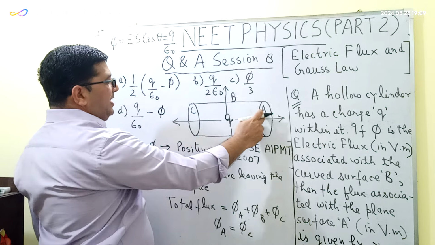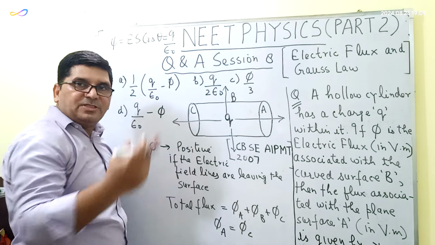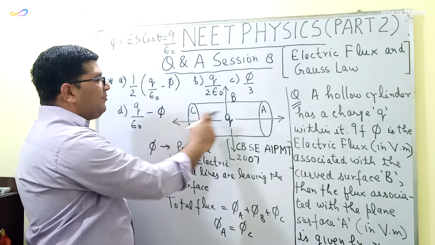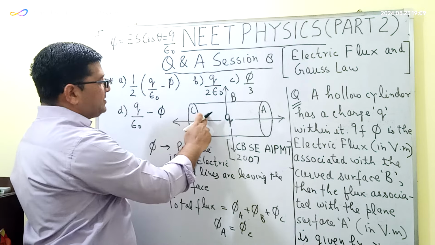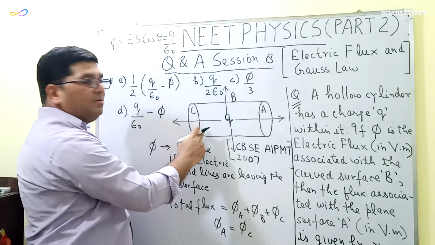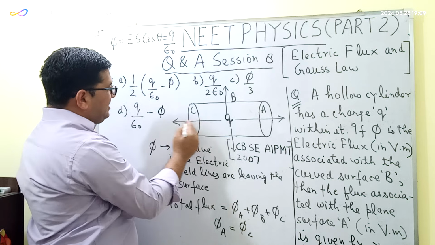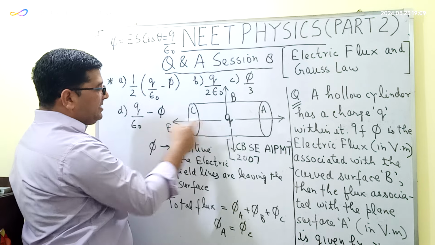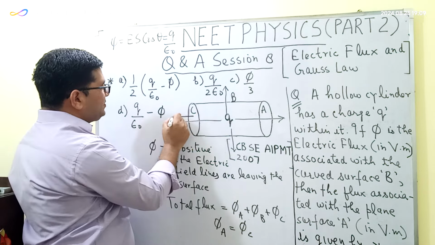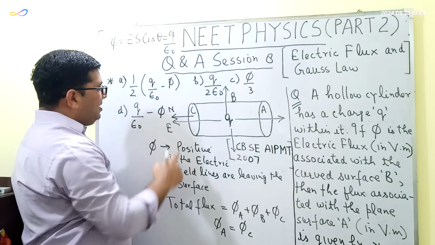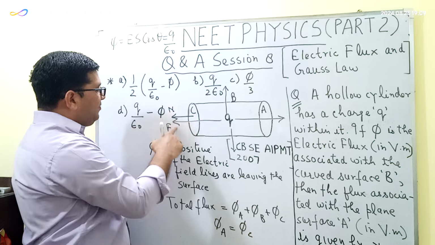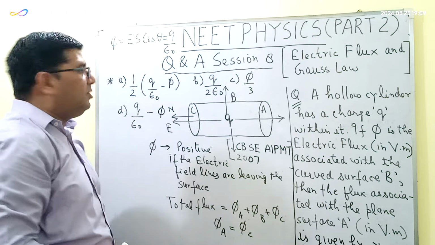In the case of A and C, the surface area is equal, the intensity of the electric field will remain the same for both surfaces, and theta in this case will be equal to 0 degrees, because the direction of the electric field is as indicated by this arrow, and the normal to the surface will be as indicated by this arrow. So the angle between the normal to the surface and E will be 0.